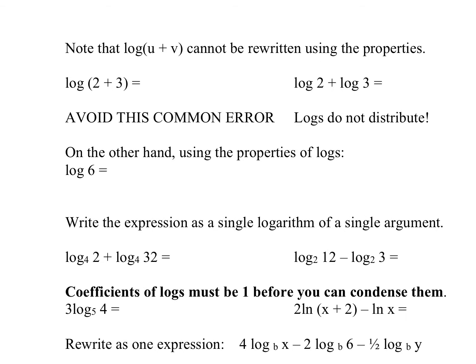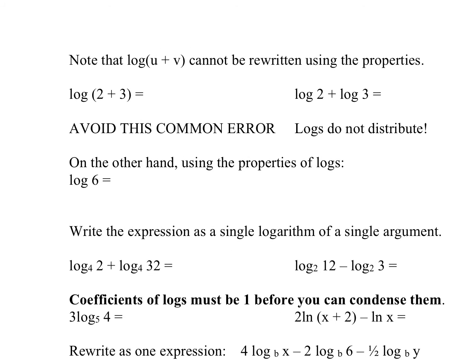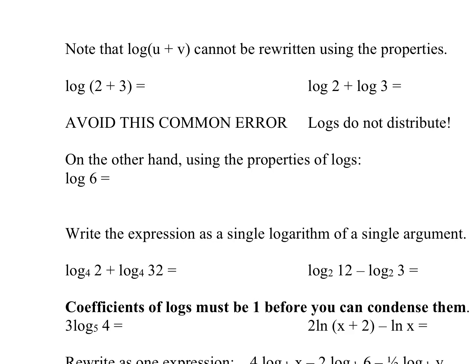We mentioned this as we work through some previous examples, but if we have the logarithm of a sum, like here you see log of u plus v, this cannot be rewritten using the properties. The log of 2 plus 3 is the same as the log of 5, which is approximately 0.699.